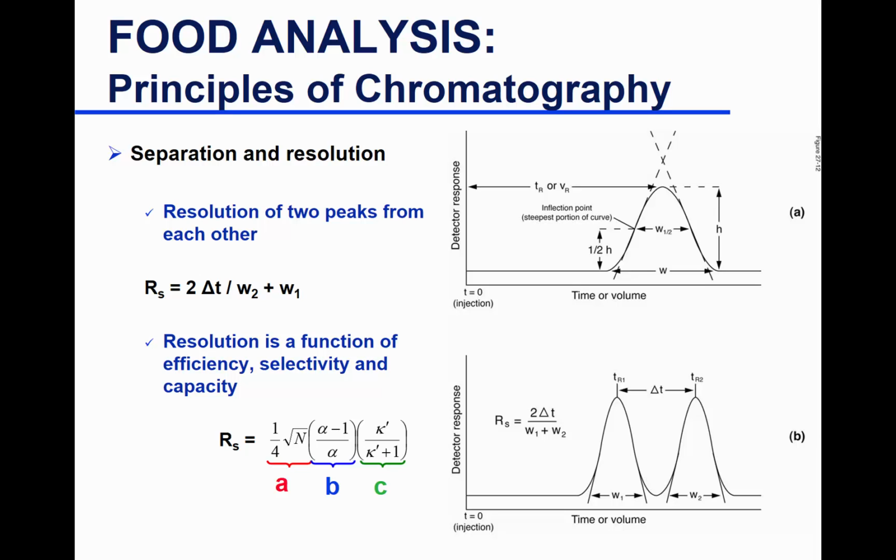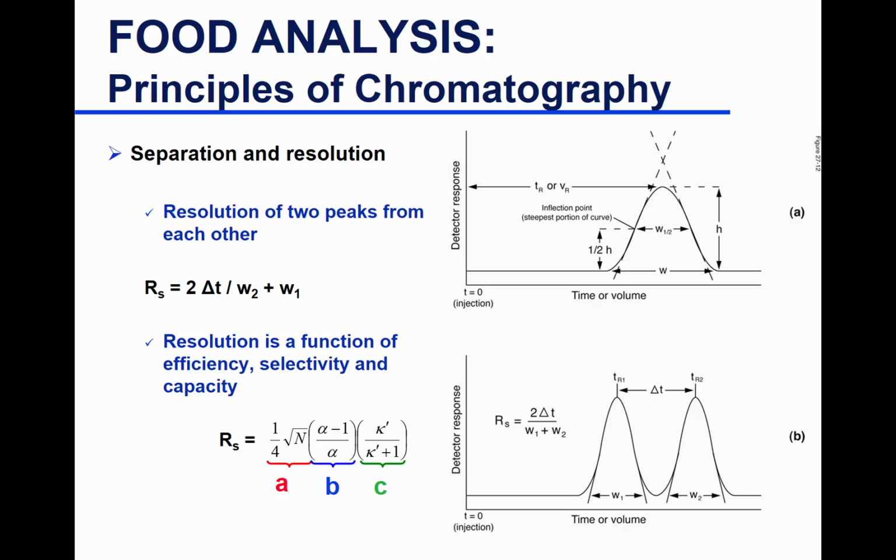The width of the peak indicates how efficient your column or your separation is. The wider the peak, the lower the resolution. We'll talk about what causes the peak to be wider and what causes the peak to be narrower. If you have too wide a peak, they're going to co-elute.